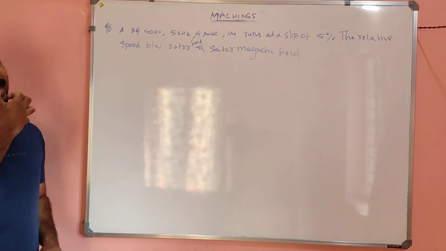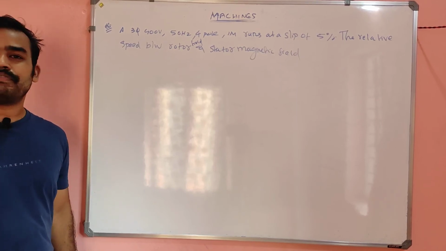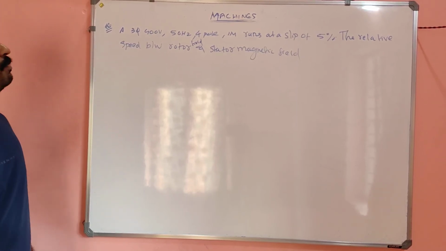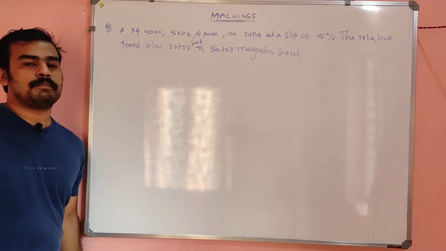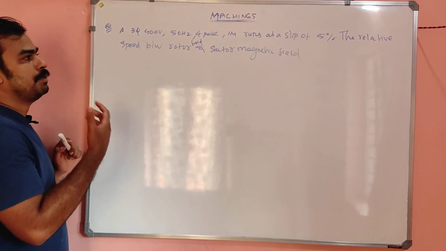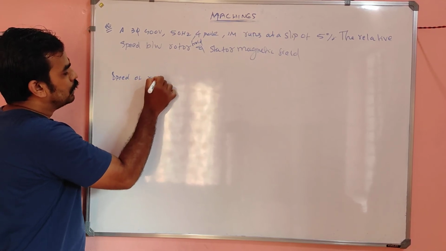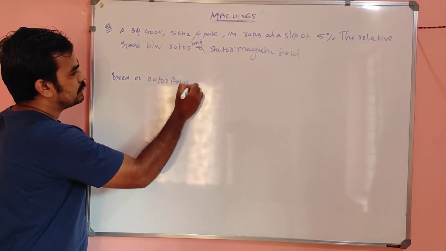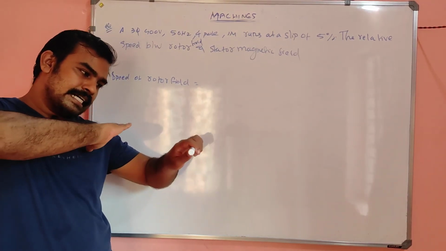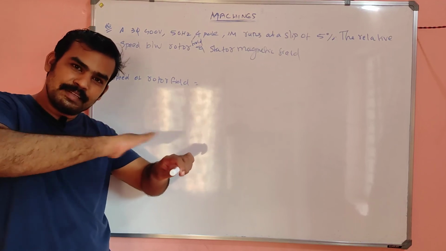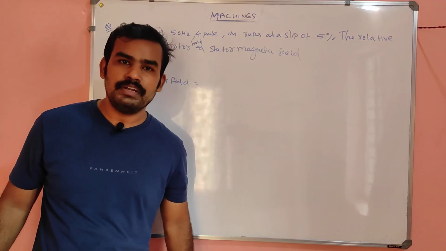What is the question? A three-phase 400 volt 50 hertz induction motor runs at a slip of 5%. The relative speed between rotor field and stator magnetic field, what is that? We have to find the speed of the rotor field. That is the speed at which the rotor conductors are cut by the flux.